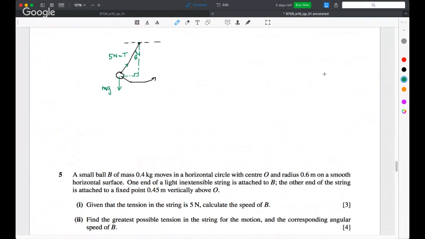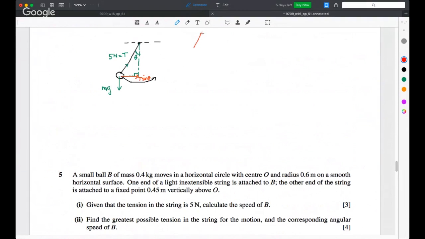So we are looking to calculate the speed, and what they mean is the sort of horizontal speed. So we only need to consider horizontal forces. So in this case, there is no horizontal force from the mass. There is only this force, which is T sine theta. Well, first we need to work out theta.